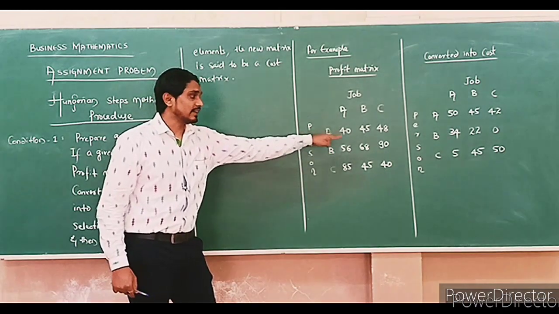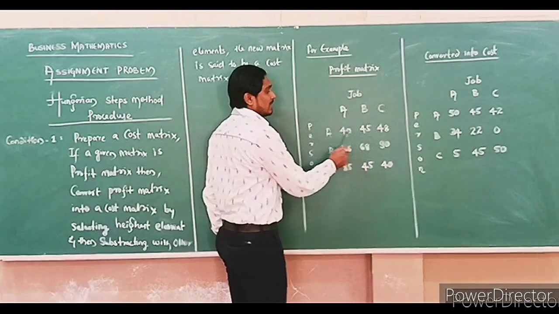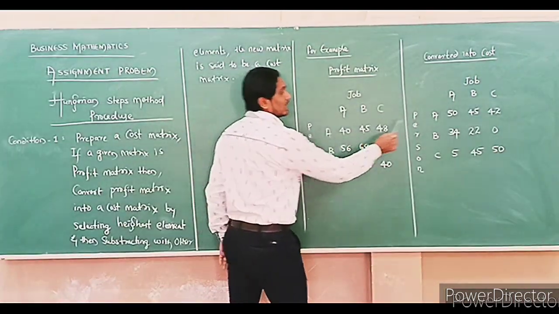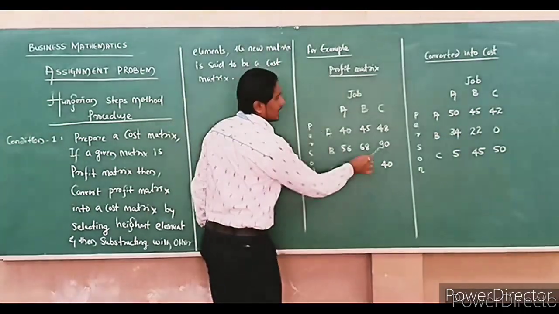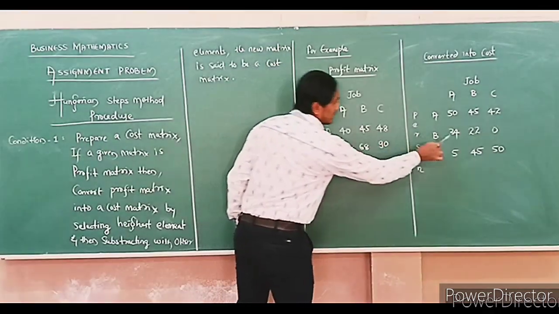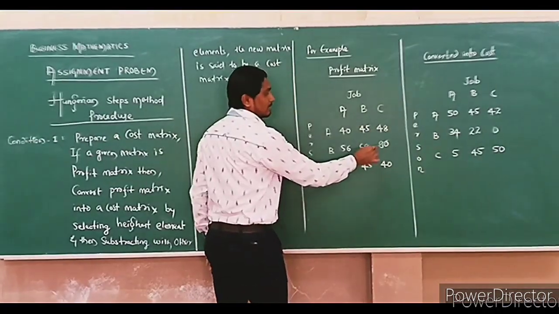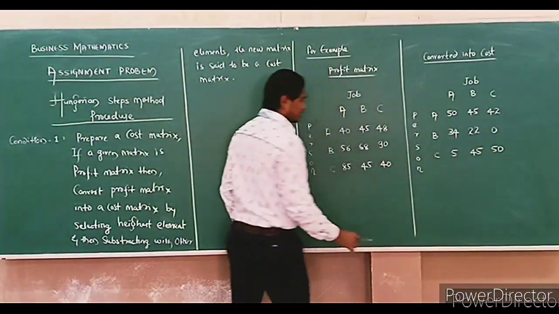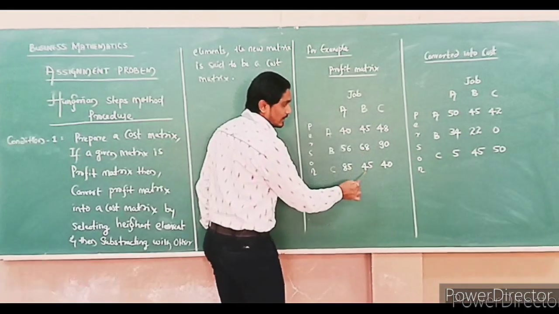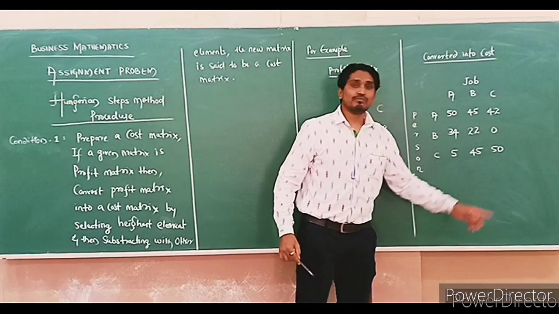Now we have to select 90 and subtract the other elements from it. 90 minus 40 is 50. 90 minus 45 is 45. 90 minus 48 is 42. 90 minus 56 is 34. 90 minus 68 is 22. 90 minus 90 is 0. 90 minus 85 is 5. 90 minus 45 is 45. 90 minus 40 is 50.